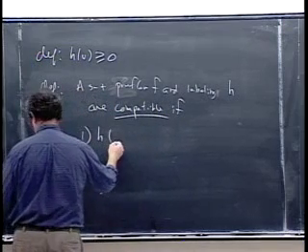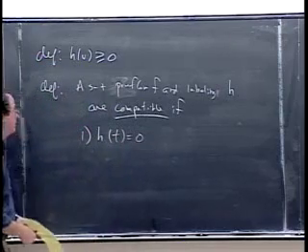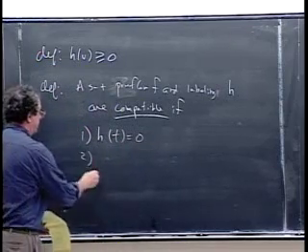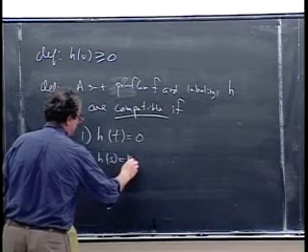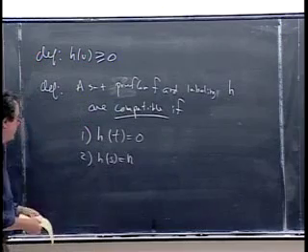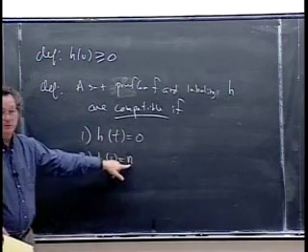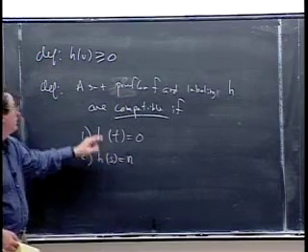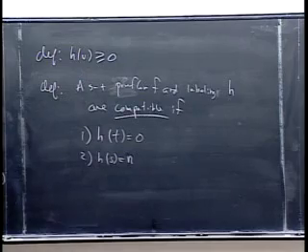One, first of all, h of t is going to be 0. That's a required condition. h of s is equal to n. It's really unfortunate that n and h look so much alike. n is the number of nodes, and h is this height thing.